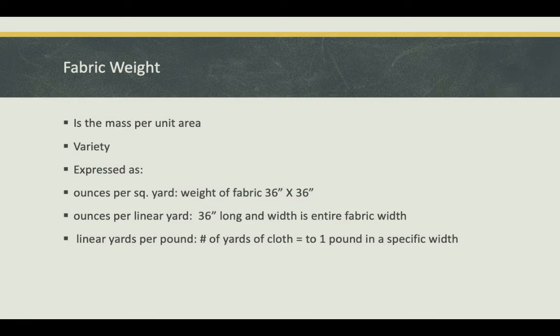It can be measured by ounces per square yard, ounces per linear yard, and linear yards per pound, so the number of yards of cloth to 1 pound in a specific width. Okay, so there's 3 ways of looking at the weight.